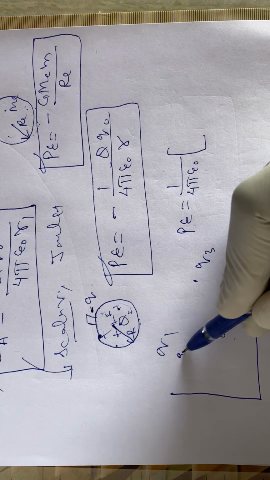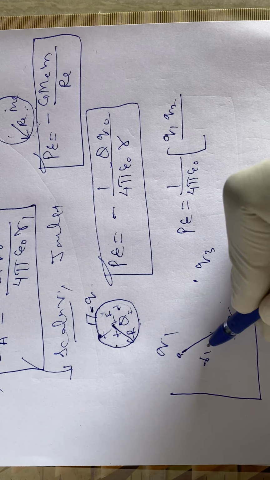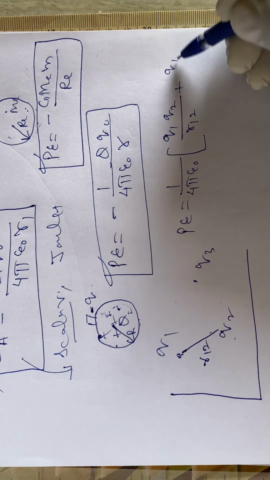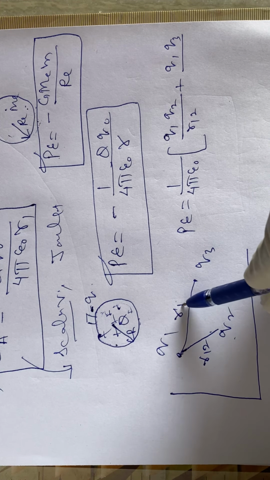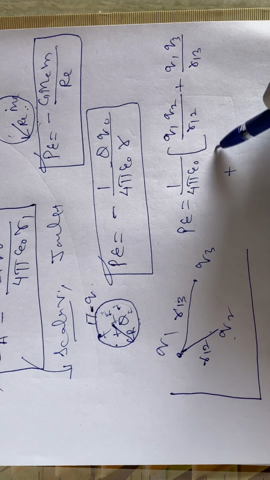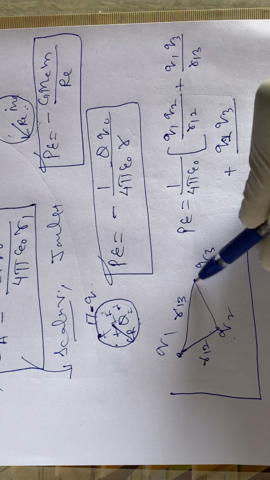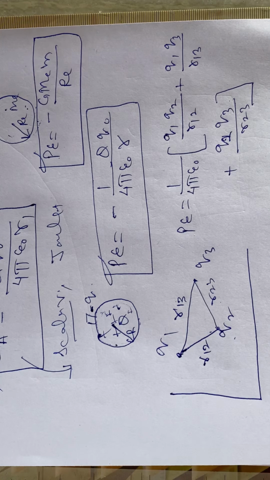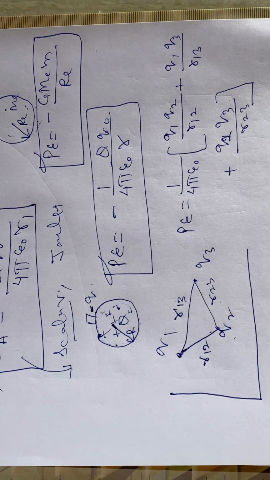That is between q1 and q2, that's going to be q1 q2 upon r12, let us say the distance between them, plus q1 q3 between the q1 charge and q3 charge, let's say the distance between them is r13, plus q2 q3 over the distance between them, let us say r23. So this will be the potential energy of the three charge configuration.